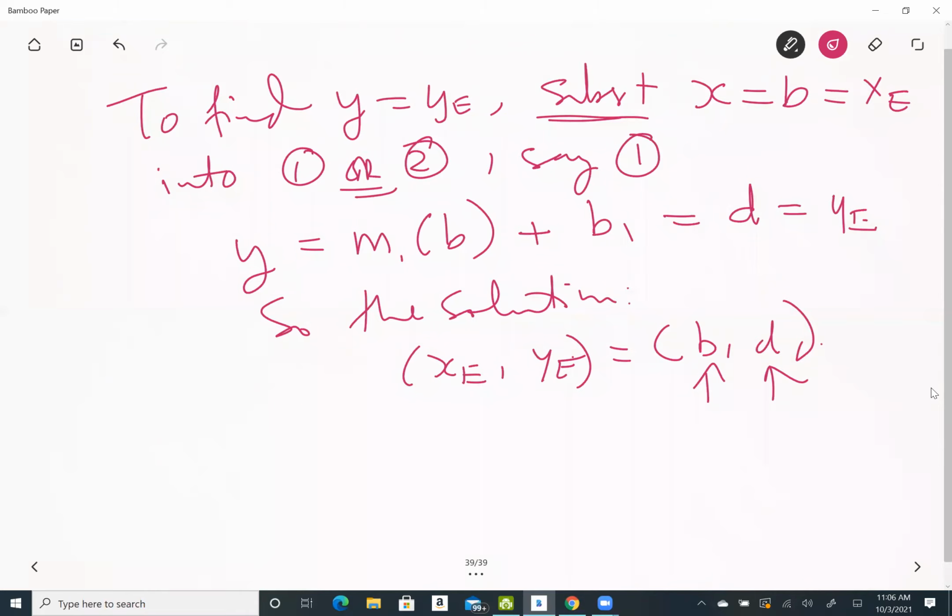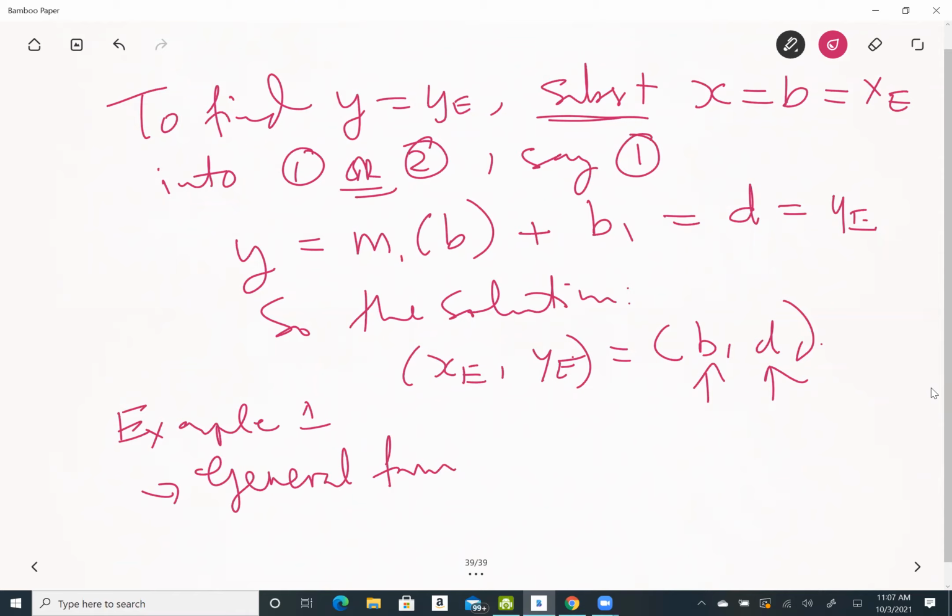Okay, all right. Now let us look at an example. I want you to go home and look at example number 1 in the book. In example number 1, they give you the general form. We want to do the substitution method.